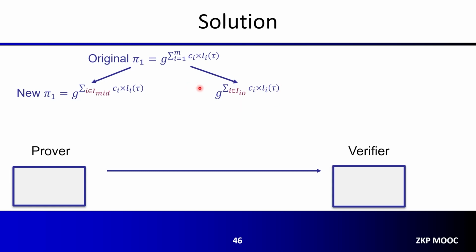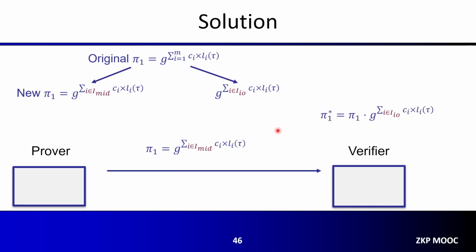And because of this nice algebraic structure of the proof, if you multiply the new pi1 with the second component, you get the original pi1, because multiplication gives you summation in the exponent. So if you have some public inputs and public outputs on certain wires, the prover is just going to generate this new pi1 as g to the power of the summation over i in I_mid, ci times li(tau).